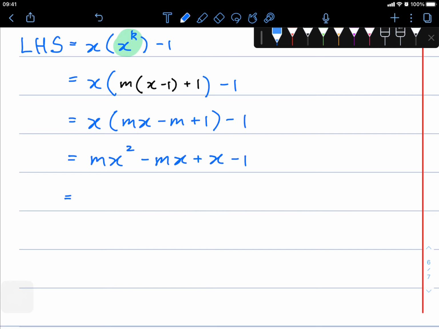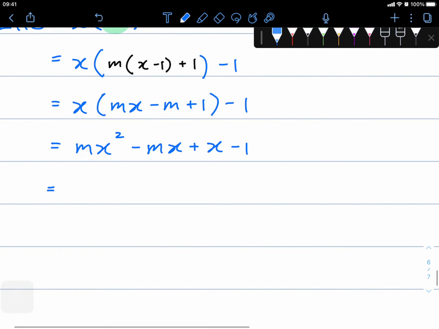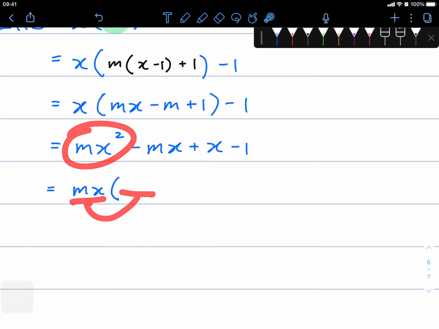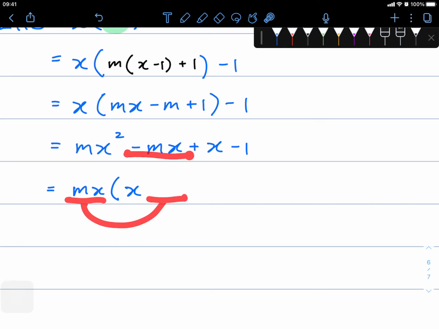From here, this looks like we're going to do some factoring by grouping. This first pair, I can factor out mx. So mx outside of: mx times x will give us mx squared, so we need x here. Mx times something gives us negative mx, that'll just be negative 1.